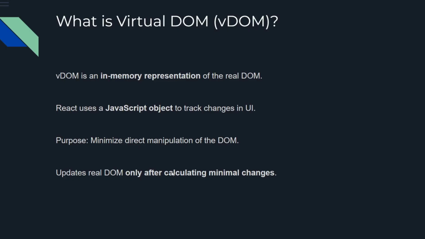But the virtual DOM keeps a copy of the real DOM in itself, then compares the changes and makes a direct change to the real DOM. It will not recreate the DOM. It will only make the change to the DOM. So that's a very optimized way, and it also minimizes the time.